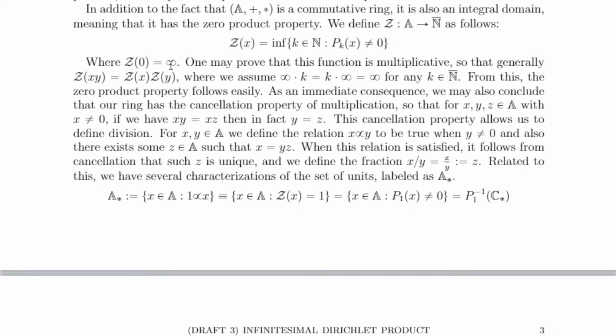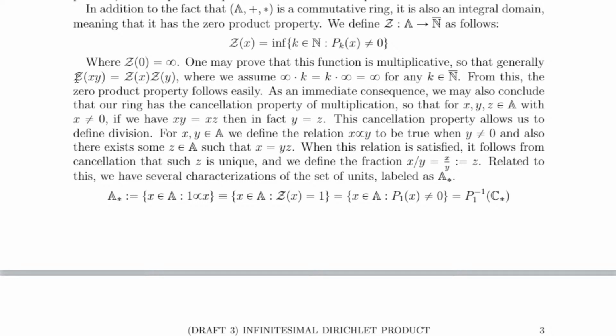The reason we're doing that is because not only does it naturally fall out of this infimum calculation, but we also want to know how close or far away our input is from 0 itself, in a reciprocal sense. The higher the z value is, the closer it is to 0, the more 0 entries it has. And the useful property of this function, the reason that we want to talk about it, is that it's actually multiplicative.